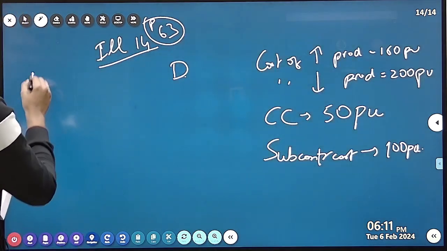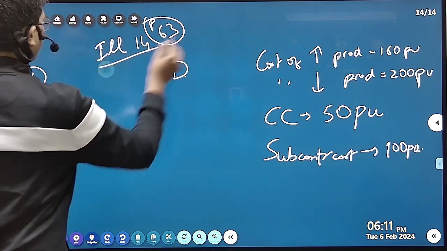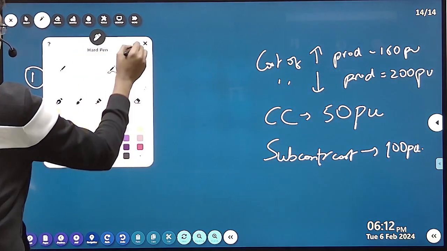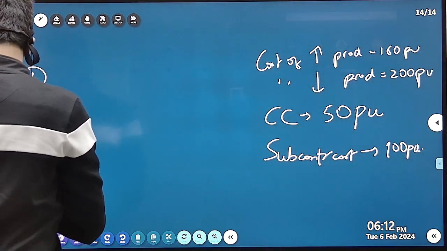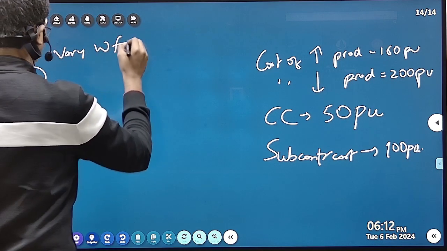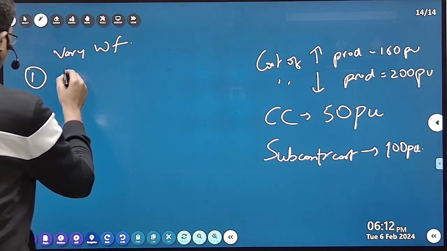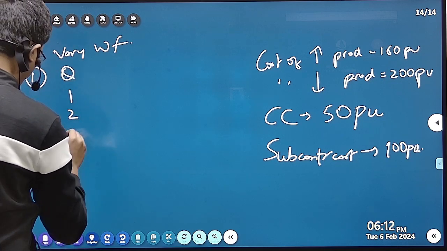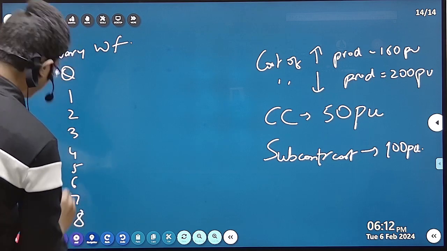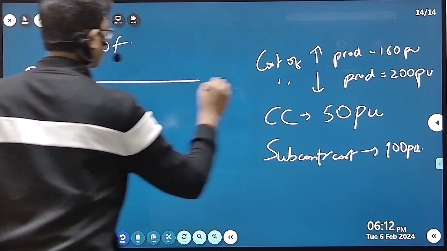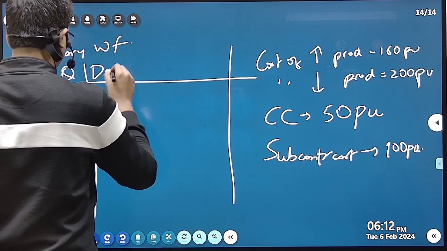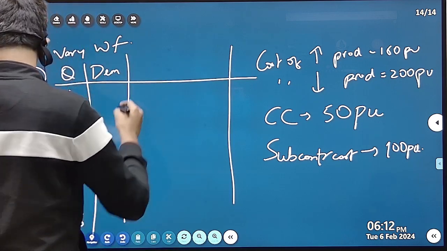In the first strategy, this is the first strategy, that is varying workforce. Okay. So your quarter 1, 2, 3, 4, 5, 6, 7, and 8. You have your demand. Okay.